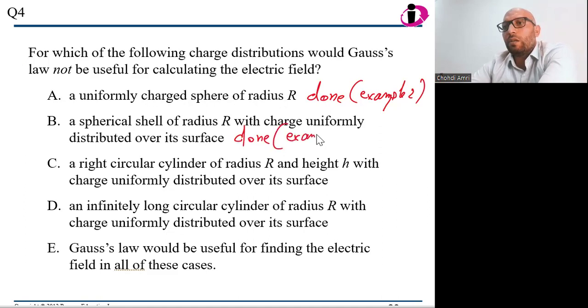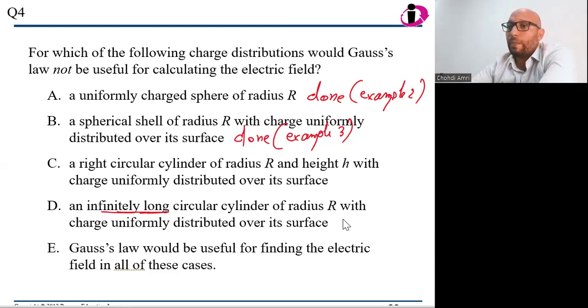Example 3. Let's move to D: an infinitely long circular cylinder of radius R with a charge uniformly distributed over its surface. We talked about an infinitely long circular cylinder with the charge distributed over its volume. This is example 4.